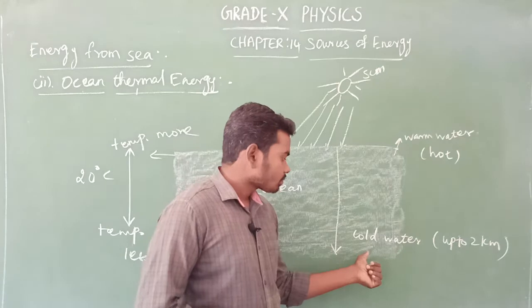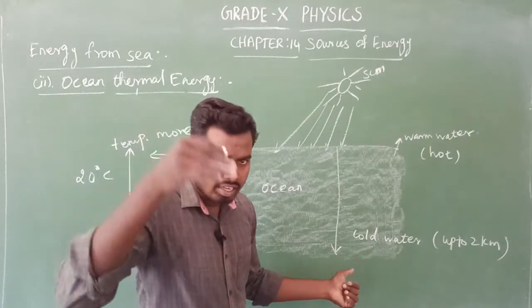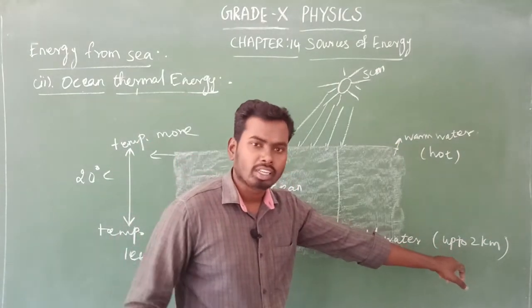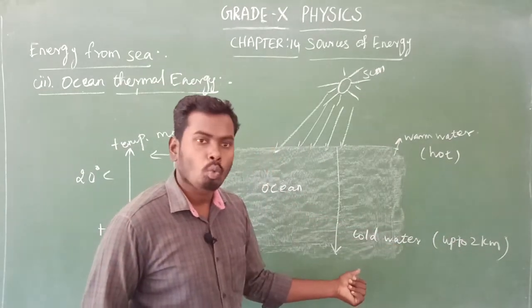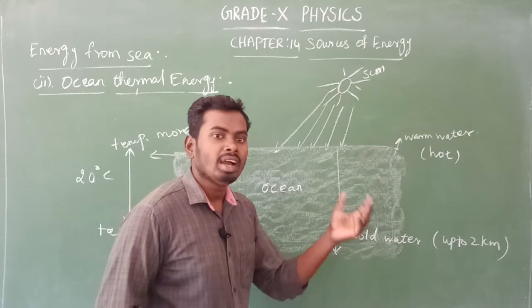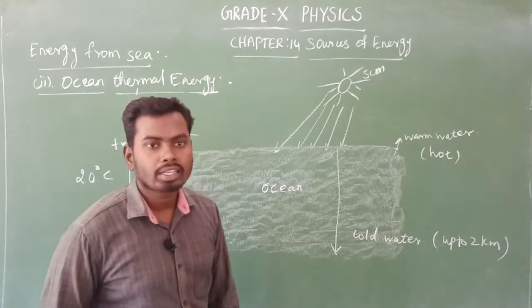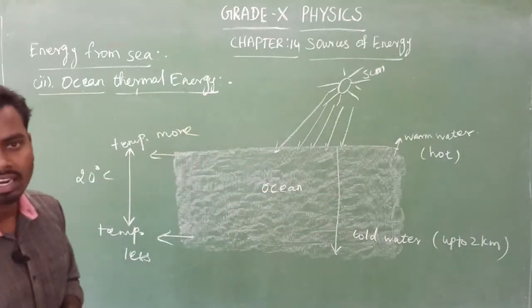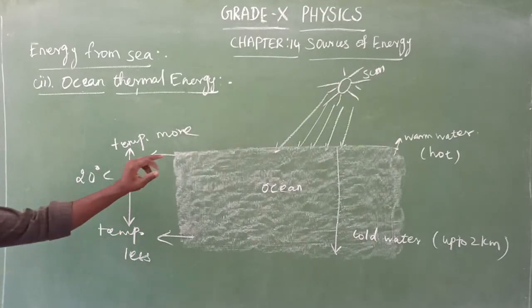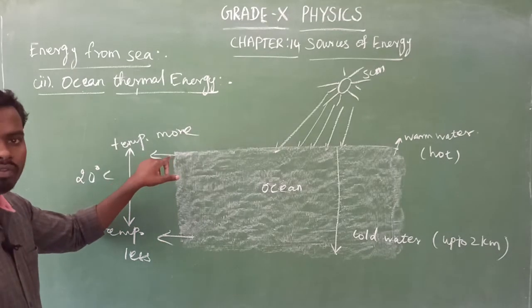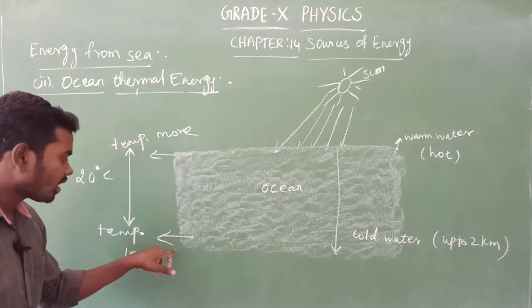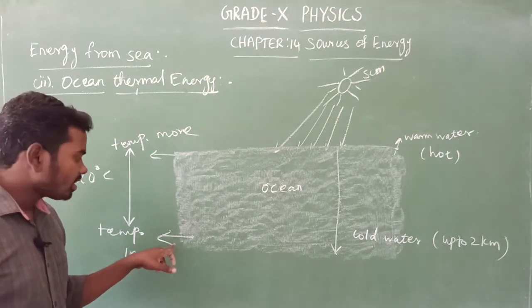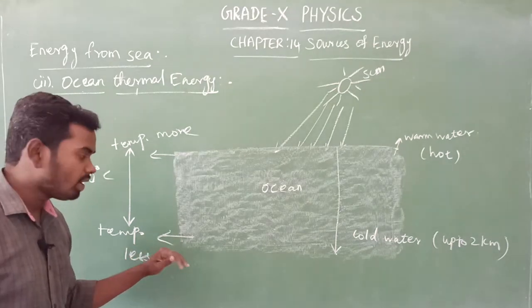So at a deeper level, up to 2 kilometers, the temperature of the ocean water will be less, so that is considered as cold water. The surface temperature will be more, whereas at deeper the temperature will be less.